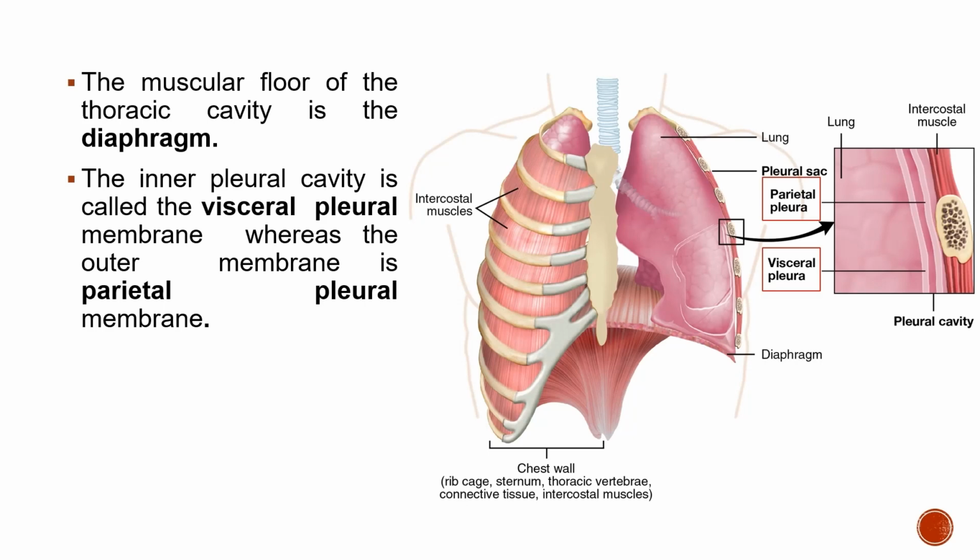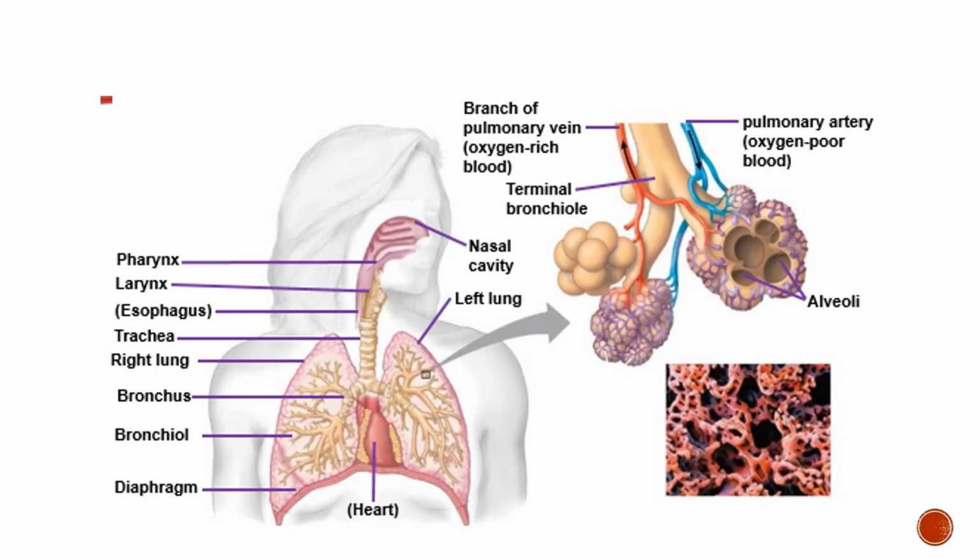The muscular floor of the thoracic cavity is the diaphragm. The inner membrane of the pleural cavity is called the visceral pleural membrane, whereas the outer membrane is the parietal pleural membrane. So this is the basic structure of the organs that are involved in the respiratory system.